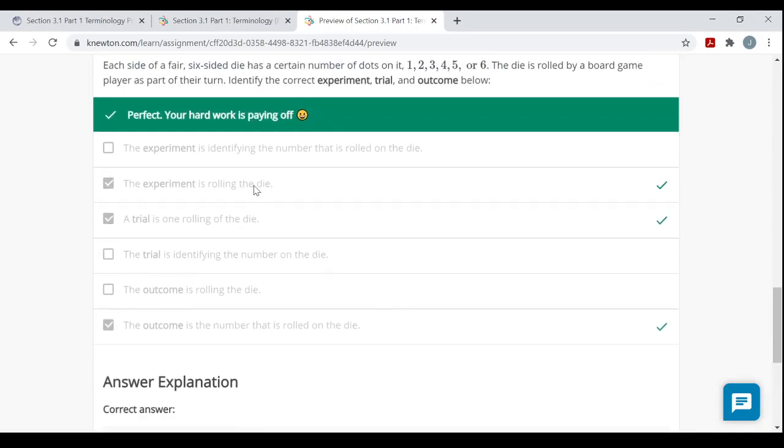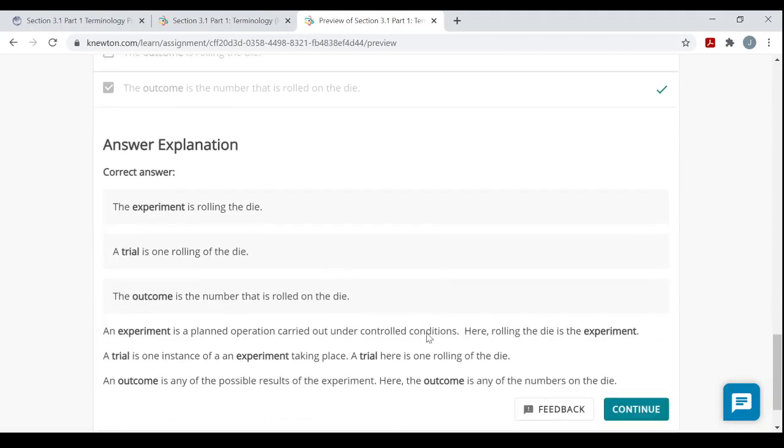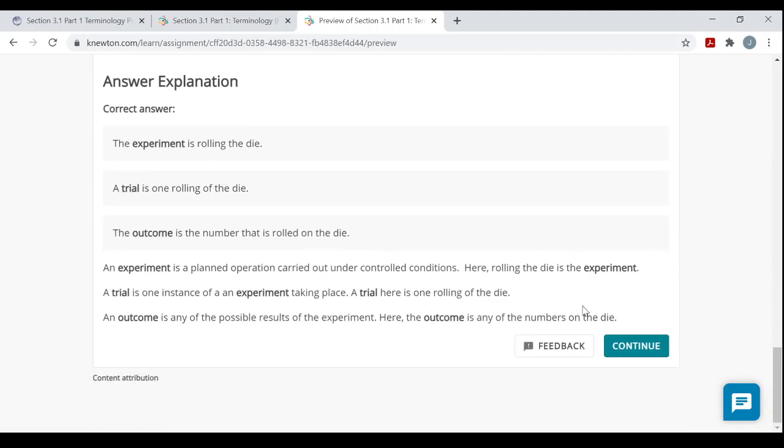Because they mentioned the number at the end being the outcome, I'd say that just rolling the die is the experiment. I roll a die, and that's one trial. I roll it again, another trial. I roll it again, another trial, and each time there is a different outcome. I rolled a 1, and then a 3, and then a 6, whatever. Okay. Wonderful. And again, they do the explanation here.